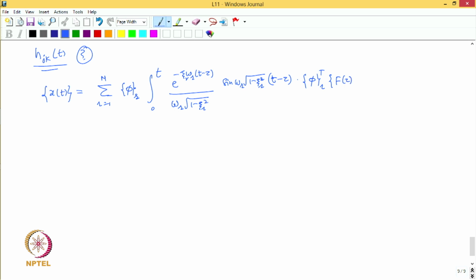That is the expression we got for the response to transient forces.